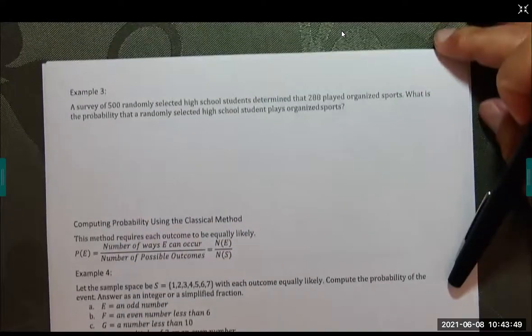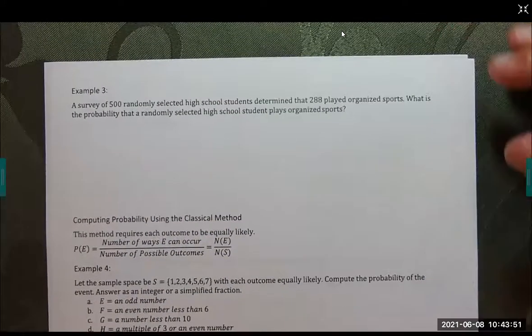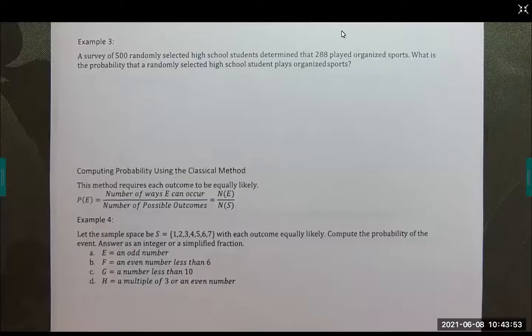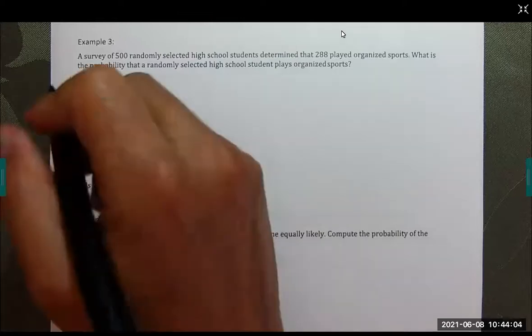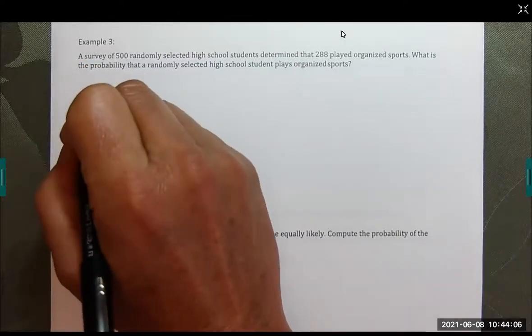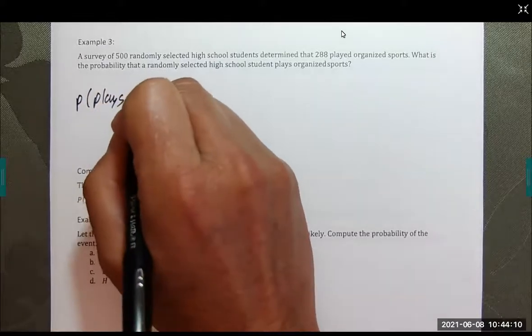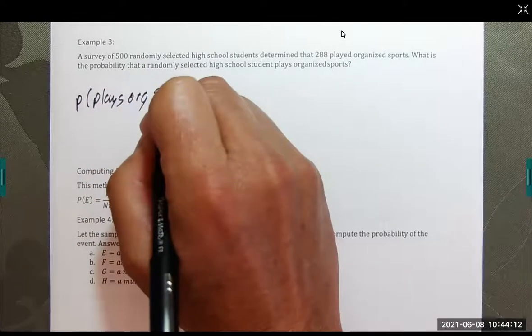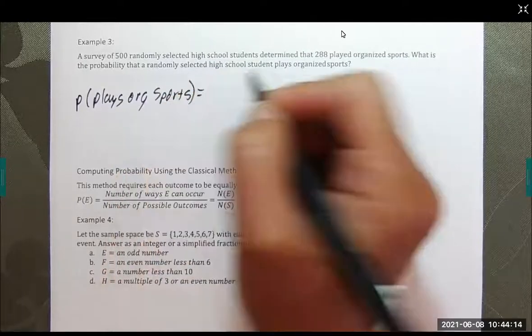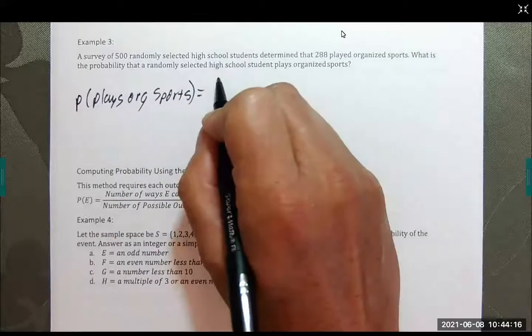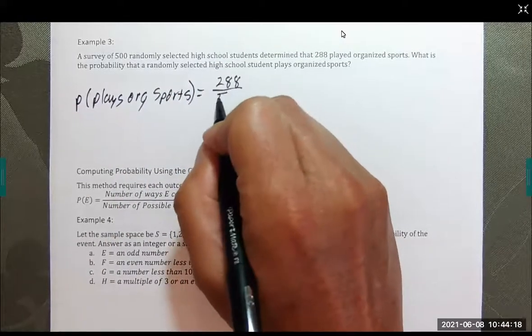Let's do another example. A survey of randomly selected high school students determined 288 played organized sports. What is the probability that a randomly selected high school student plays organized sports? That is going to be the 288 out of the 500.